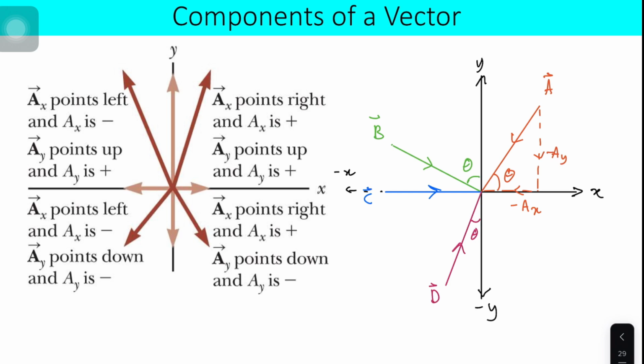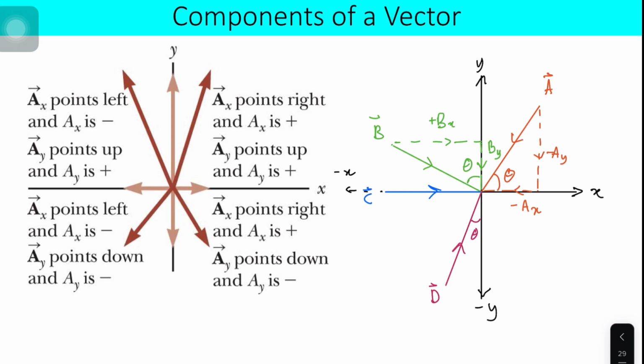Now let's take a look at vector B. For vector B, we have here your BX, and here is your BY. For the BX, even though it seems like it's lying within the quadrant where the x-axis is negative, the BX here is actually pointing towards the positive x-axis. So the BX has a positive sign.